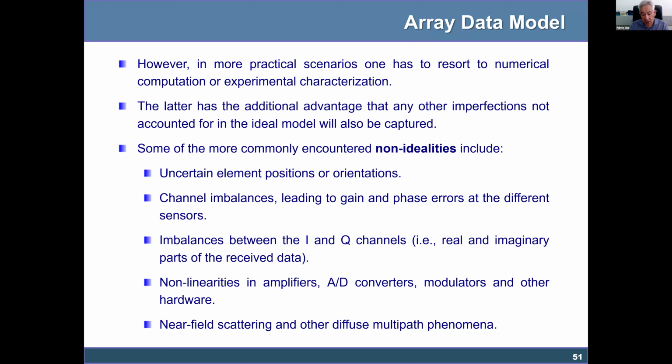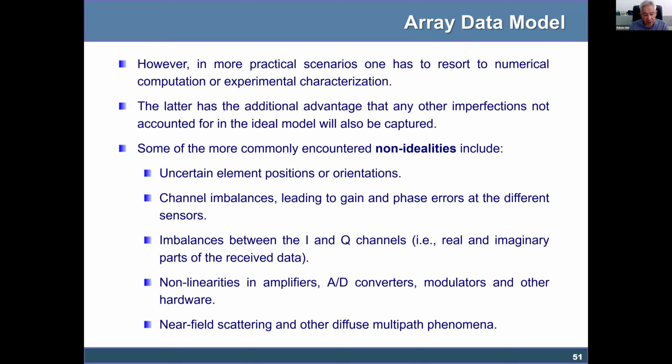The same goes for the local oscillator, the converters, or the modulators. And then we can have multipath phenomena, especially if you have, for example, a radar mounted on a ship. So we can somehow take into account all these imbalances by complicating the model, so complicating the expression of the array response.